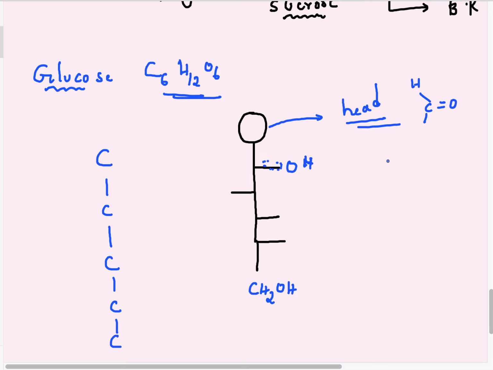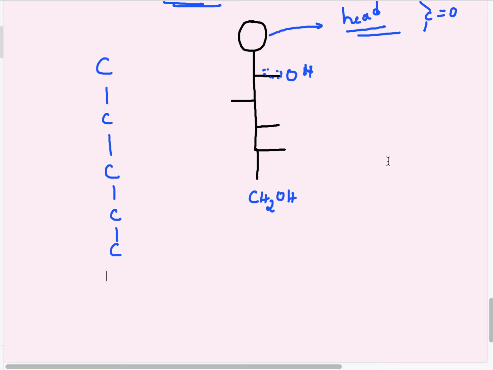Next, another one, students, tell me, the 6th carbon, you will write down. That's it. This down one you can write CH2OH, a primary alcohol group. Here this is C double bond OH. This is the chain terminating functional group, the head.